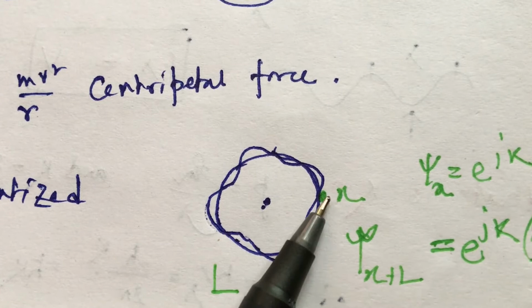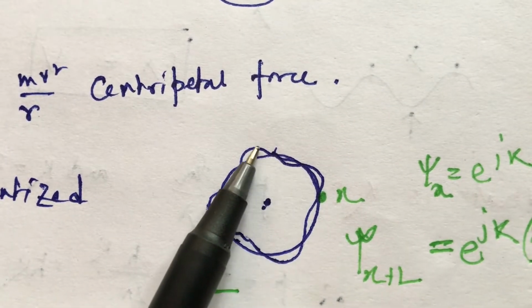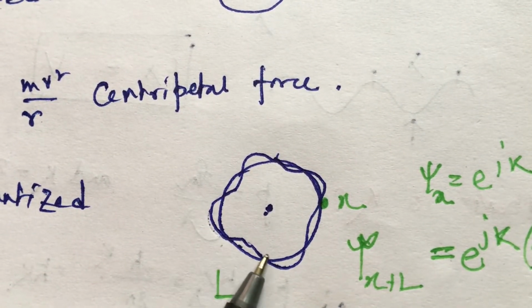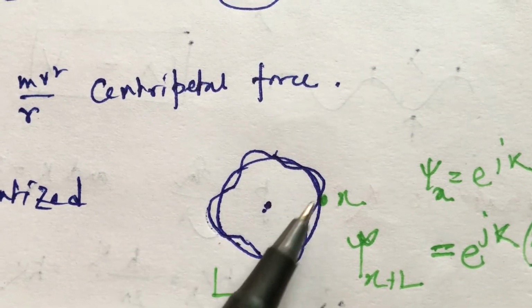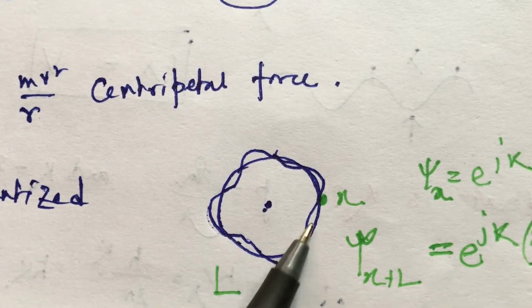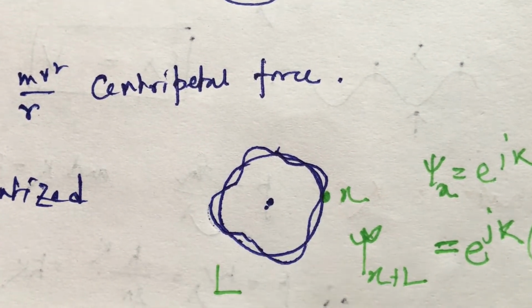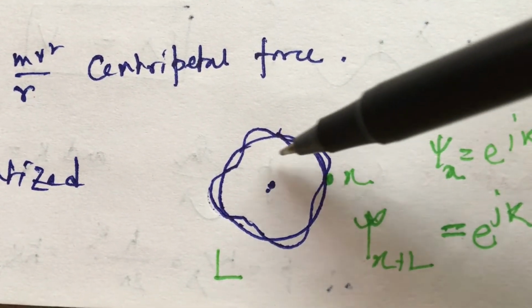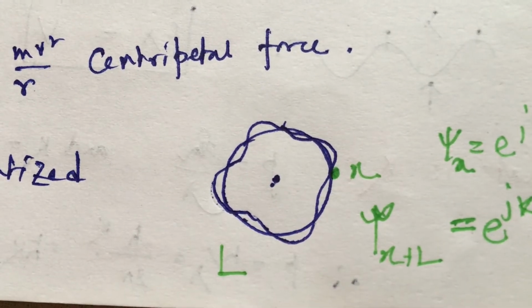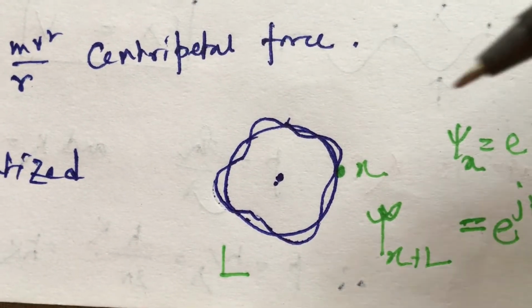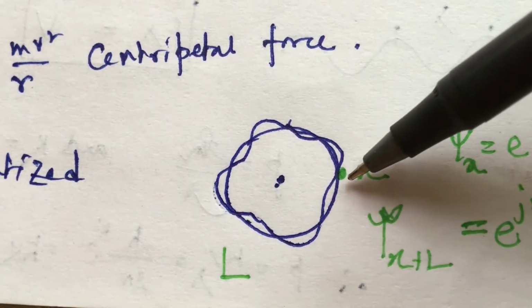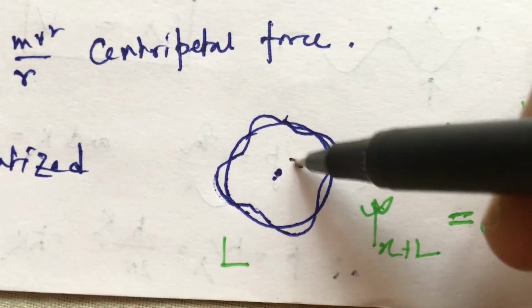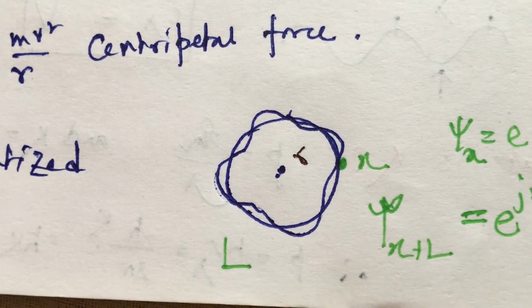So there are waves associated with the electron. The wave is like this. It is spread over the entire circumference of this circle. The length, that is the length of the perimeter of the circle, is L, and if the distance between the nucleus and the electron is small r, then L is equal to twice pi r.